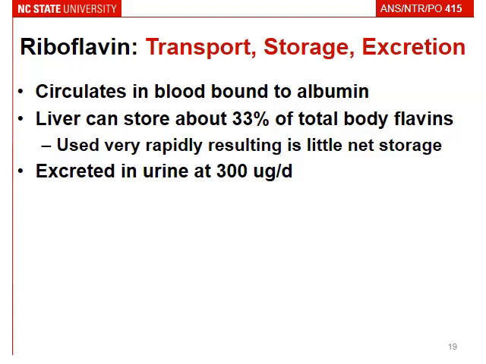Now, when we're talking about these water soluble vitamins, we always think, well, it's okay to have excess because if I overconsume, I don't store it, so it's just going to be excreted. But riboflavin is so critical that the liver can actually store about 33% of your various flavins.